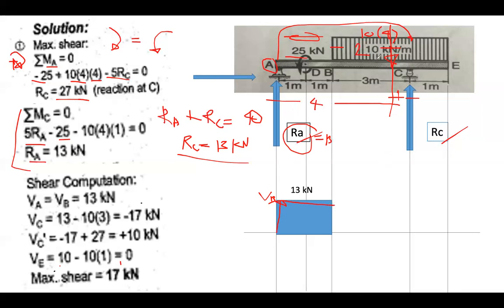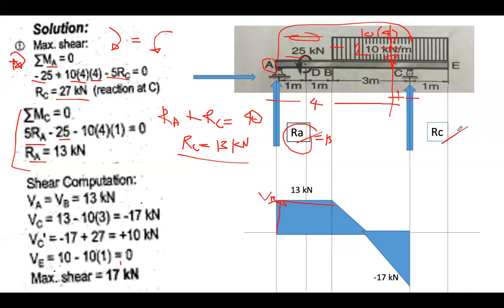Then after this one, the moment, this 25 doesn't affect the shear diagram; it is only important in the moment diagram. After this one, you have this 40. So you have 13 plus negative 40. Obviously, that's going down, so you have negative 17.